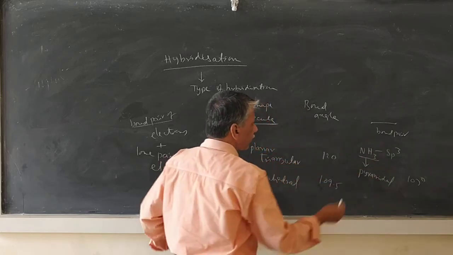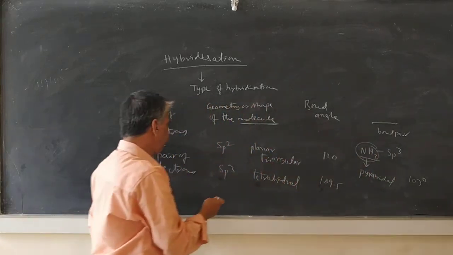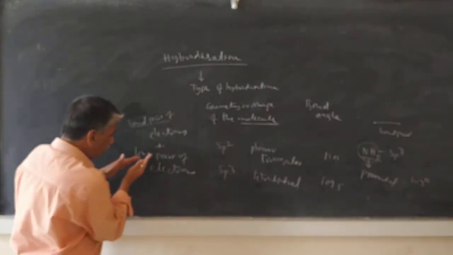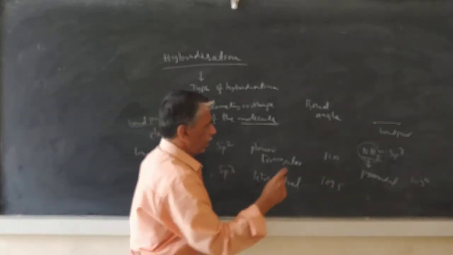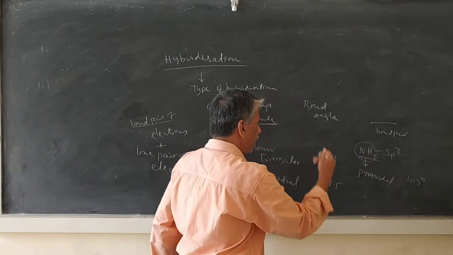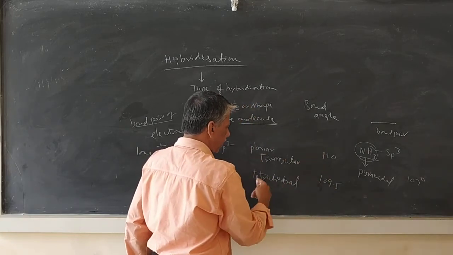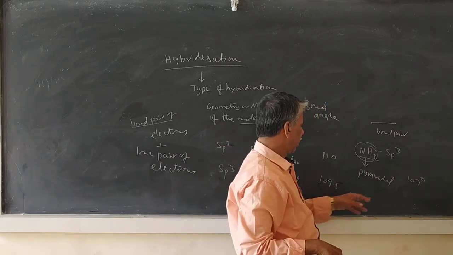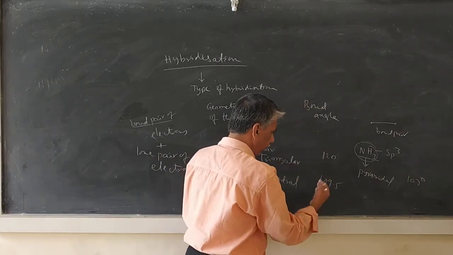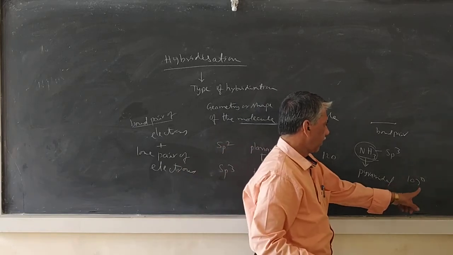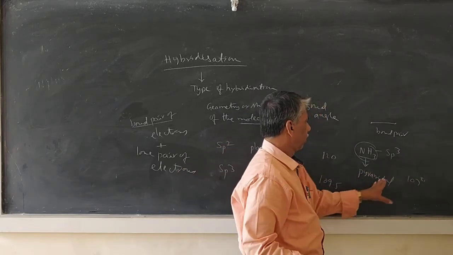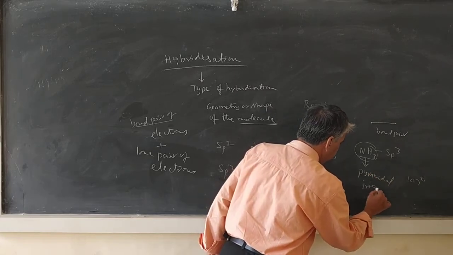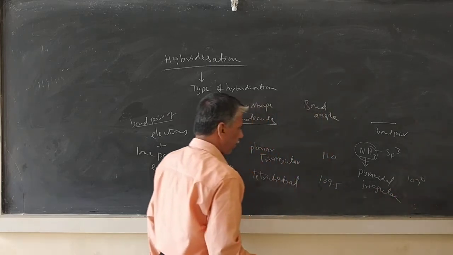The reason is that in ammonia there are both bond pairs of electrons as well as a lone pair of electrons. Because of the presence of the lone pair, the ammonia molecule has a slightly distorted tetrahedral shape. That distorted tetrahedral shape is called pyramidal shape, and its bond angle has decreased from 109.5 to 107 degrees. This geometry is called irregular geometry.